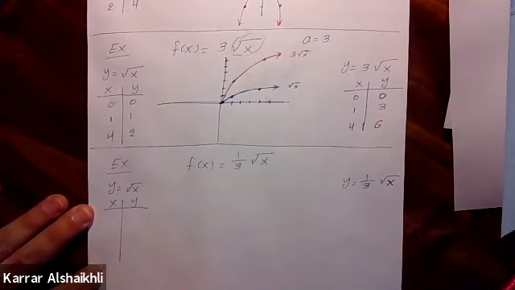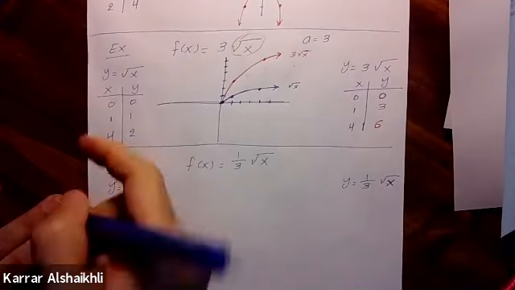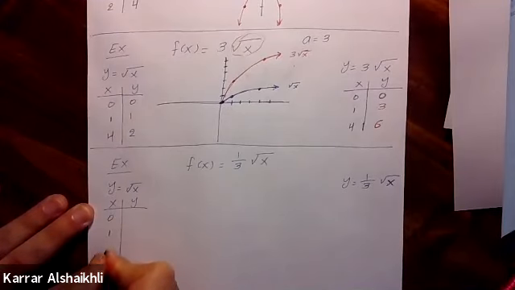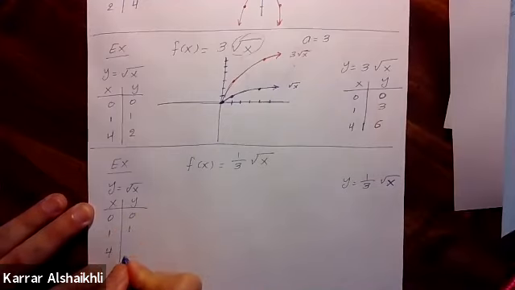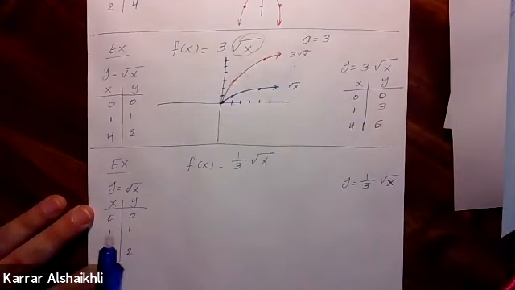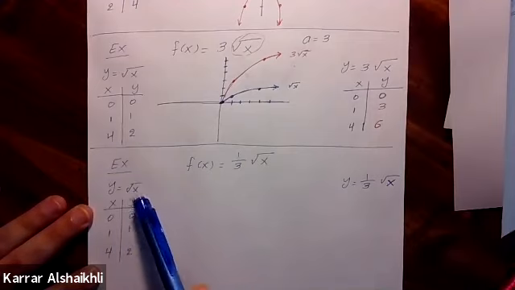Choose the same points, 0, 1, and 4. And the y is going to be 0, 1, 2. How are we going to get the y? Just plug in the x here. The square root of 0 is 0. The square root of 1 is 1. The square root of 4 is 2.